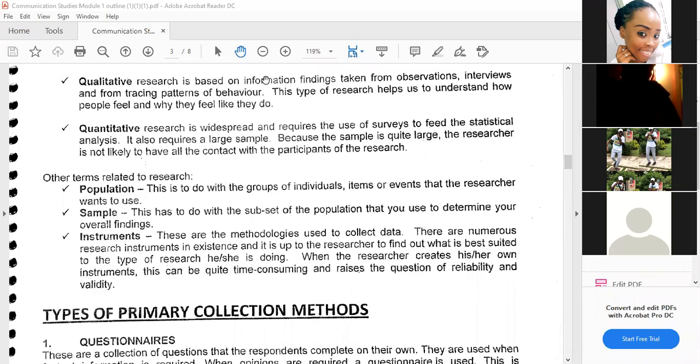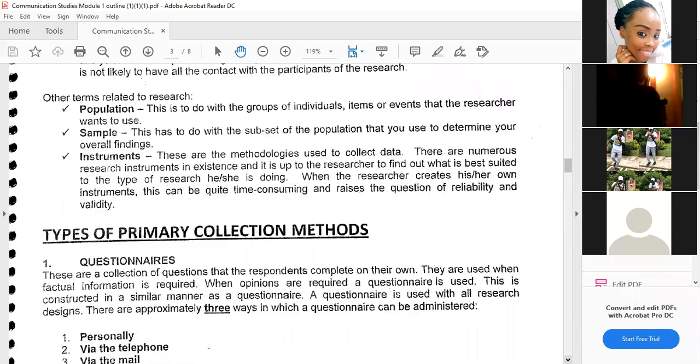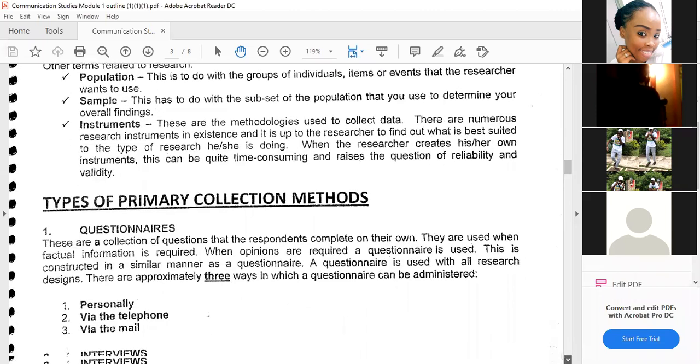When the researcher creates his or her own instruments, this can be quite time consuming and raises the question of reliability and validity. So reliability has to do with whether you can really count on what you're finding out, and validity having to do with how relevant, how truthful is your information at the end of the day. So those are factors you have to consider as well.